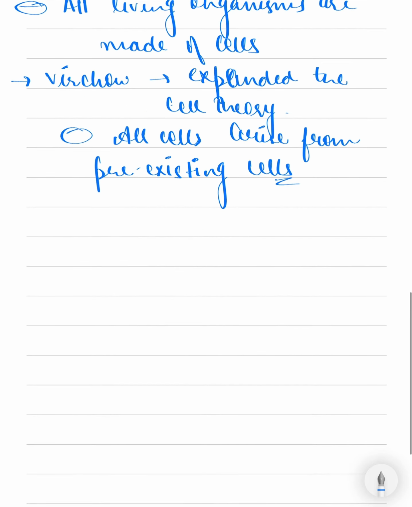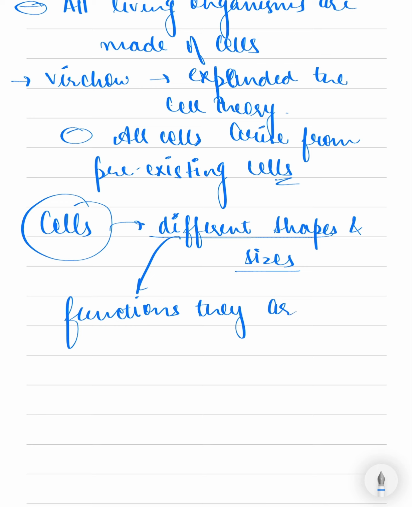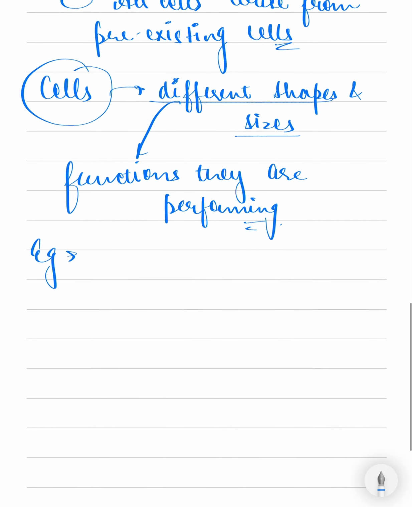Now the cells that we are talking about have different shapes and sizes. Their shape and size depend upon the functions they are performing. For example, we have nerve cells, which are the longest cells in the human body.